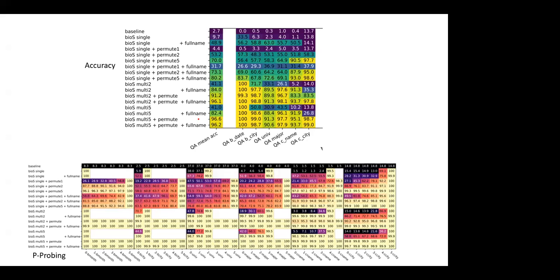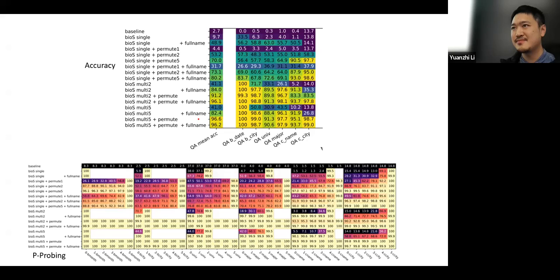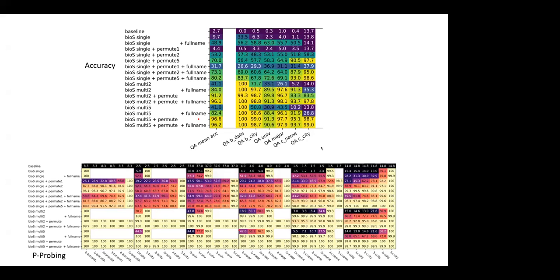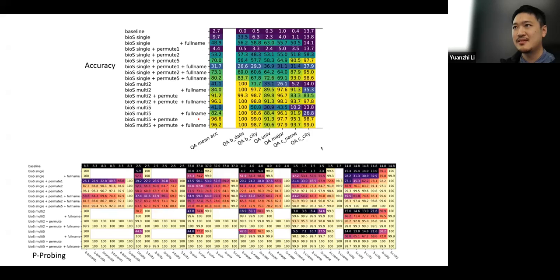You show the improvement as you add more data augmentation types, but it doesn't seem to show the improvement that you get when you do not have diversity, but only the permutation. Because you are showing that diversity is really important, but I wonder whether you would see the full name is really important if you only did that.